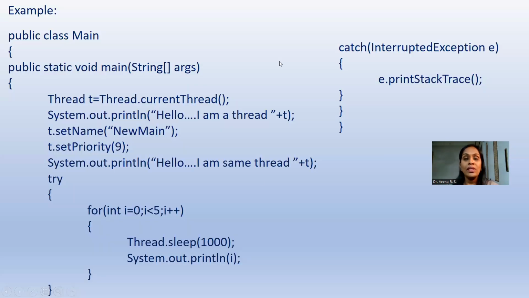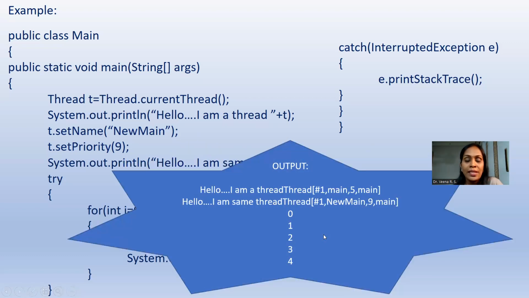So this is how the program can access the default thread, and we can make use of the methods which we have listed in the previous slide. So this was the output which we got from this simple example program. This is not lab program 11. This is a program with respect to the methods to be demonstrated in multi-threaded programming.